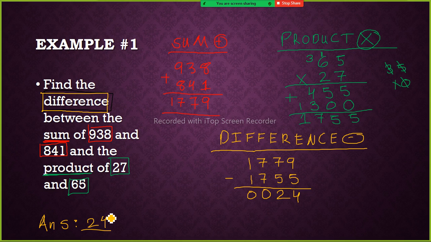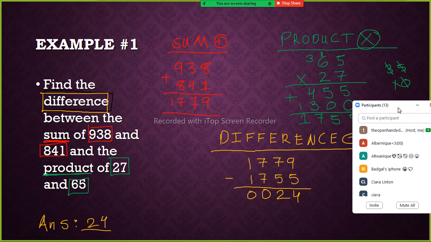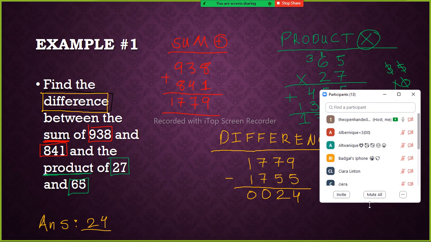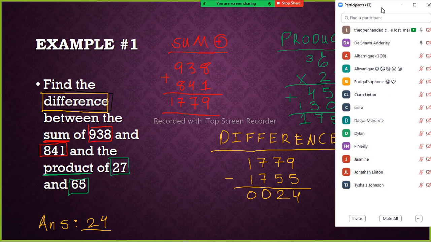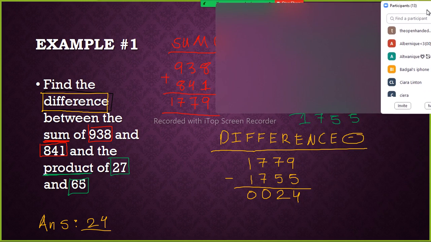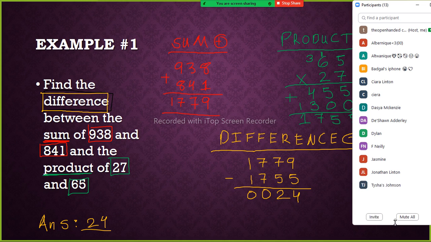Okay, any questions on how to do this? Let me know if you have any questions. No, sir. I have no questions. Okay, so let's recap. The first thing we did was find the sum of 938 and 841. We add them because sum means to add.